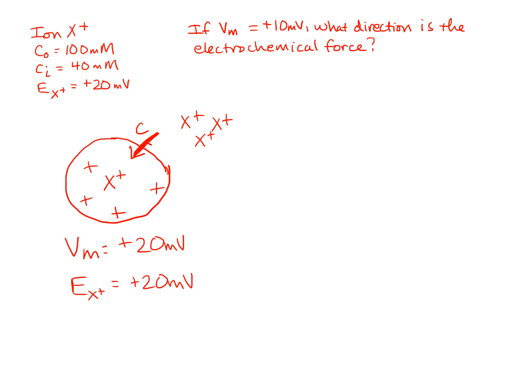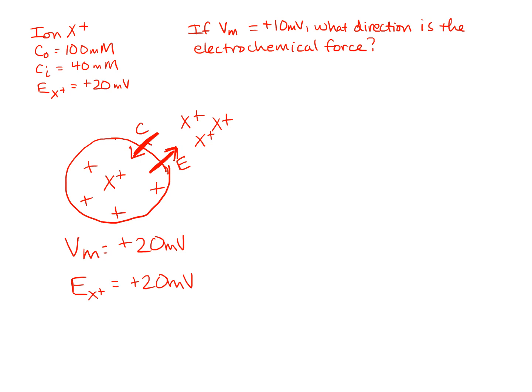And then the electrical driving force, looking at just the charges, we've got a plus charge on the ion, and then we've got these positive charges inside the cell from our membrane potential. And remember that like charges repel each other. So this positive ion inside the cell wants to leave, and the ions on the outside do not want to come in. So our electrical driving force would be directed outwards.